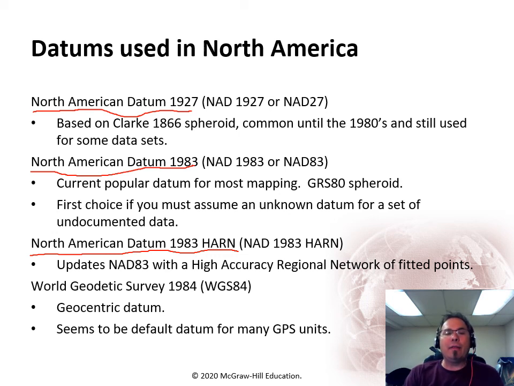And then finally, you have the first World Geodetic Survey in 1984, or WGS 84, which is the geocentric datum for the entire Earth based on, again, satellite telemetry, and it seems to be the default for most GPS units. Now, of all of these, this one by far is the most used right now.